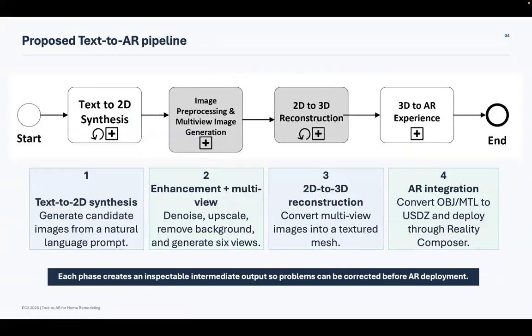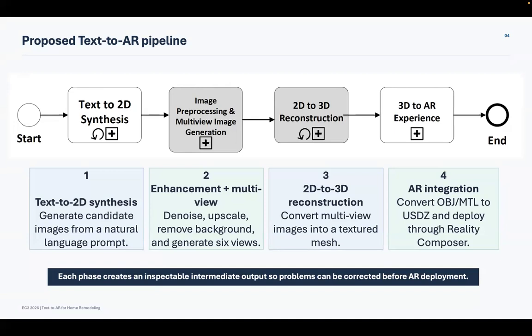Now, in order to create this end-to-end pipeline, the proposed workflow contains four major phases. The first phase is text to two-dimensional synthesis, where a natural language description is used to generate candidate object images. The second phase is image enhancement and multi-view generation.